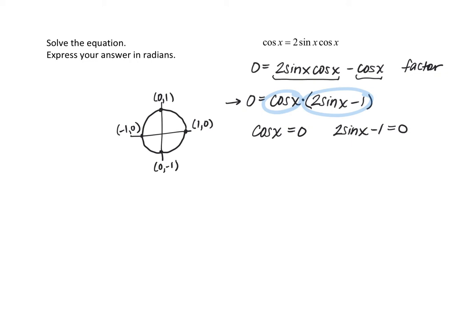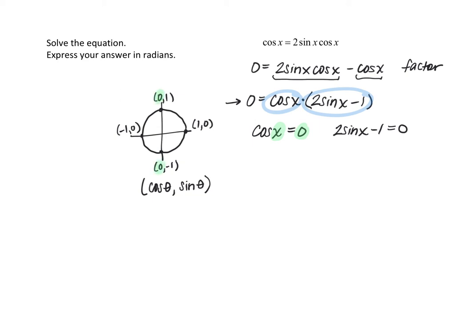And then remember, on the unit circle, the x value of that coordinate is cosine of the angle, and the y value of that coordinate is the sine of the angle. So in this case, x is an angle, and what angle has a cosine of 0? We're basically looking for where the x value is equal to 0.